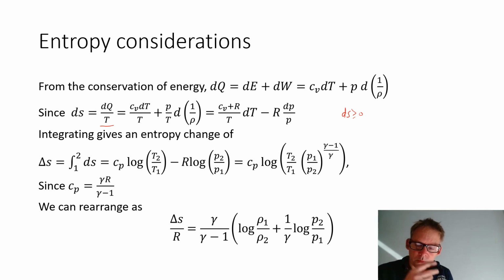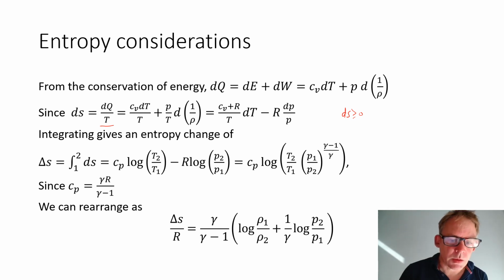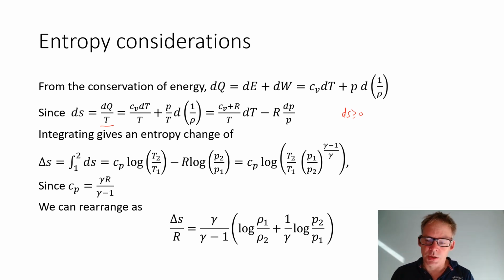And so this inequality will put a strong constraint on the type of solution that can be admitted. For an ideal gas, we can express the change in entropy in terms of change in temperature and change in pressure, and integrating across this change in state from 1 to 2, we can get the change in entropy expressed in terms of temperature ratio and pressure ratio.